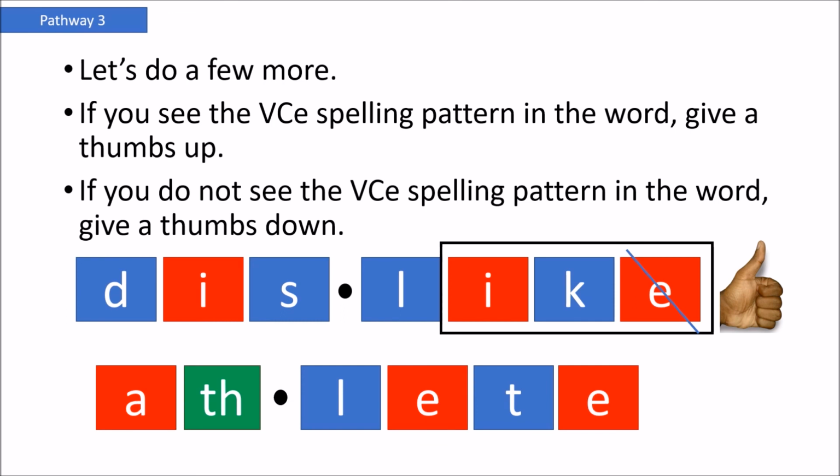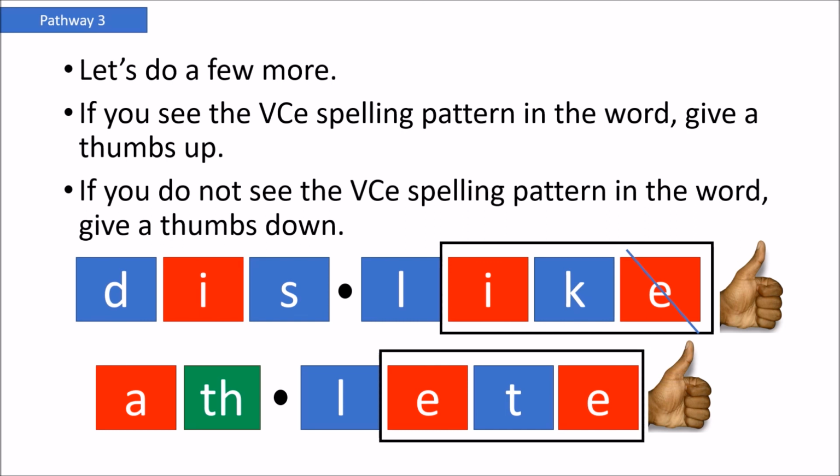The last word is athlete. If you gave a thumbs up, you are correct. The second syllable contains the vowel consonant E spelling pattern. The first E in that syllable makes the long vowel sound, and the last E is silent.